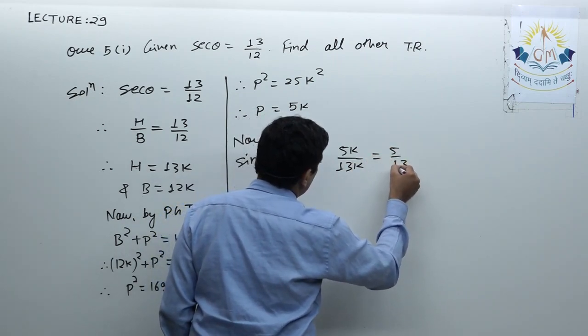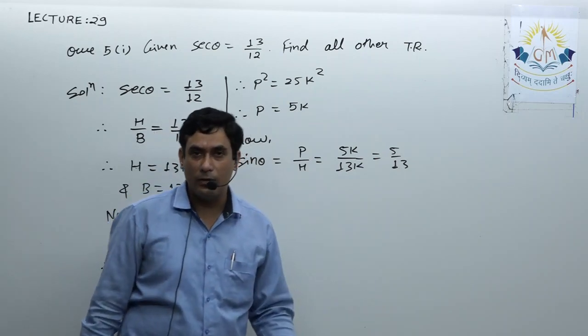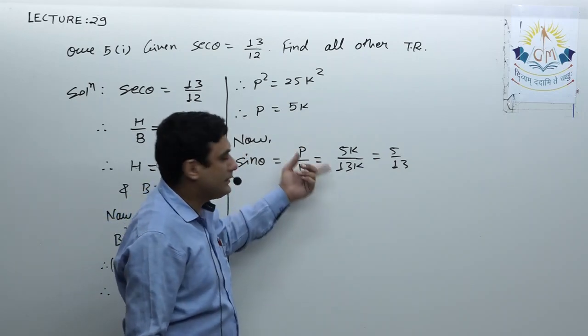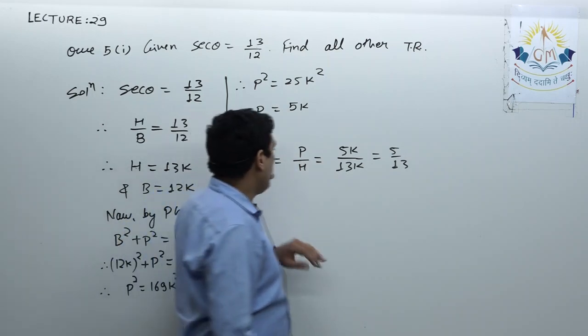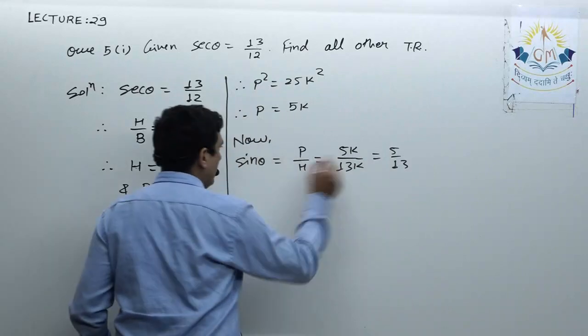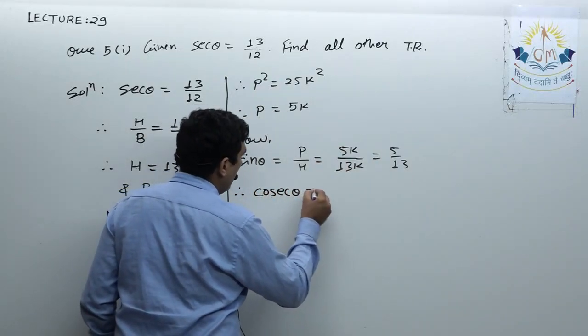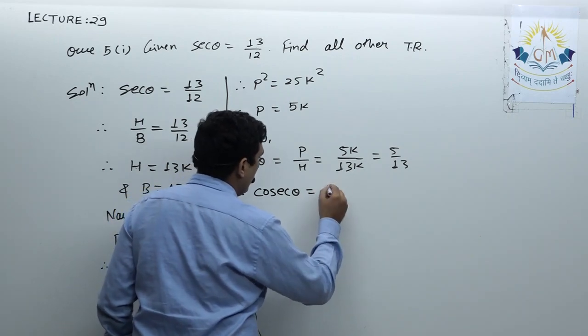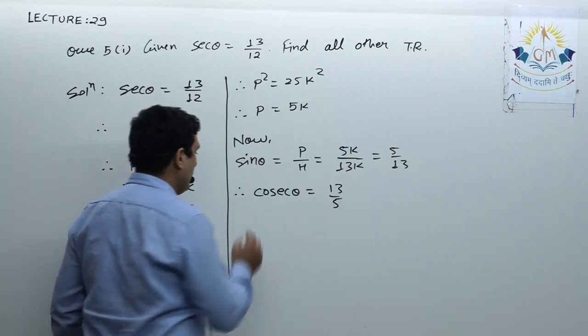Now here we can use one relation. As we have sine theta, we can directly write cosec theta without using h upon p, because cosec theta is the reciprocal of sine theta. So I can write cosec theta is equal to 13 upon 5 directly, because they are reciprocals of each other.